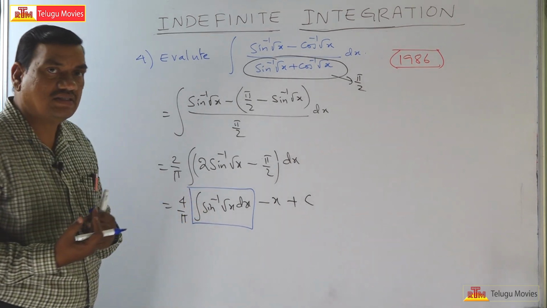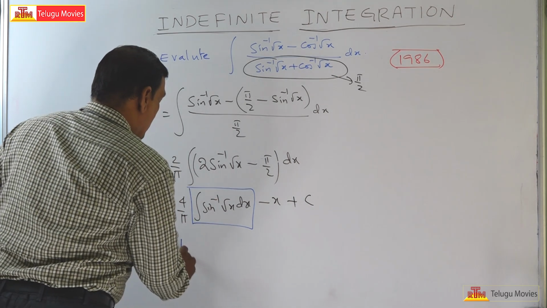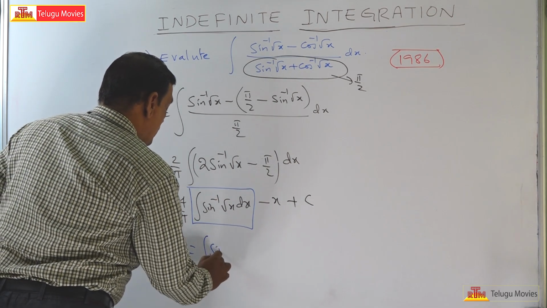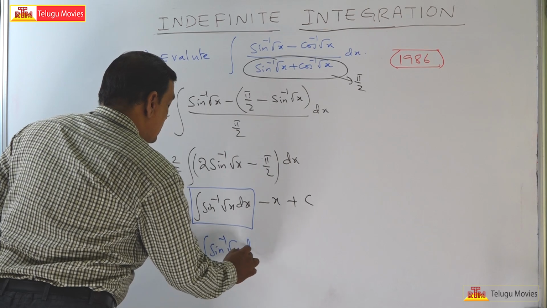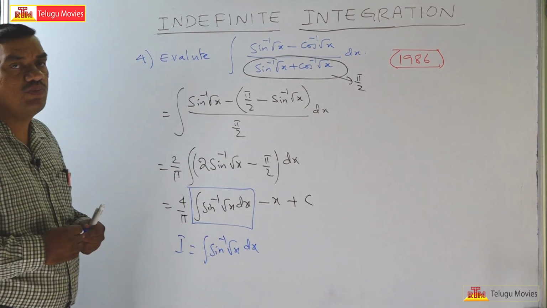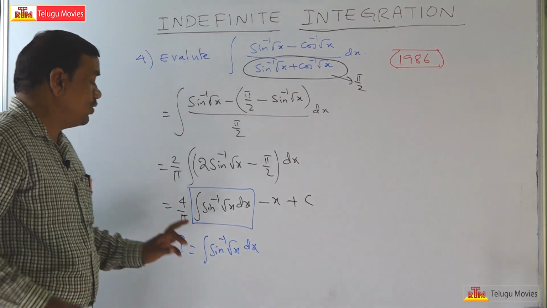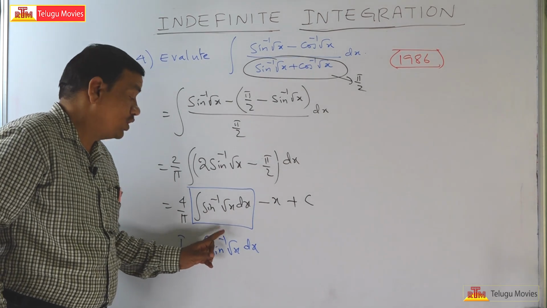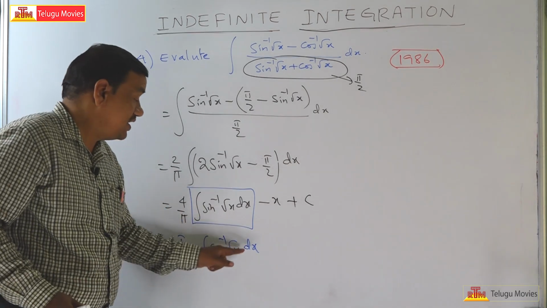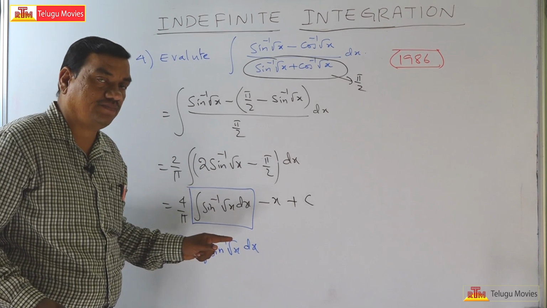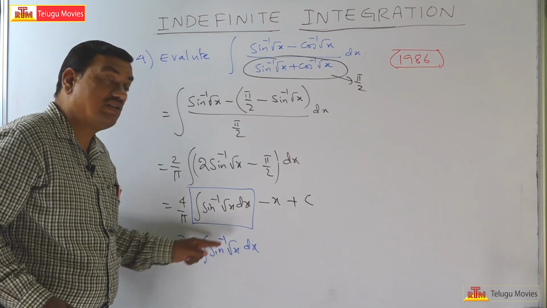Now I will separate that problem for our convenience, that is, integral of sin inverse of root x dx. Then how to proceed with this problem? Simply, sin inverse is there. To remove that sin inverse, there should be one sin function. Why?